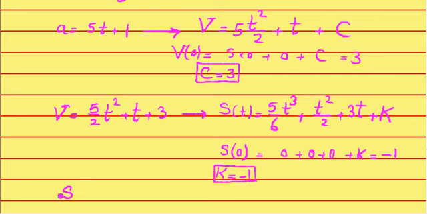That's going to determine the position for me. Position is going to be this formula with k replaced by its now given value. This is 5/6 of t cubed plus t squared over 2 plus 3t plus, now k turned out to be -1, so it became -1.